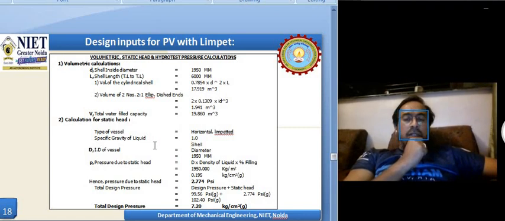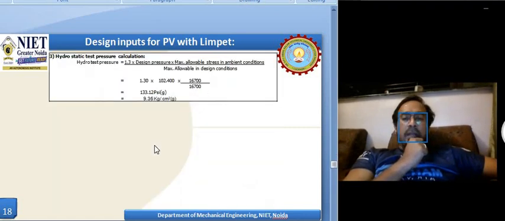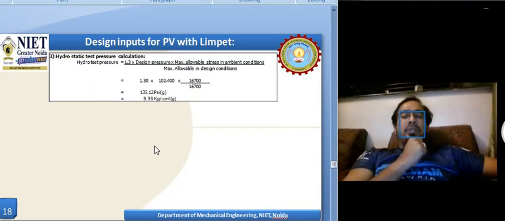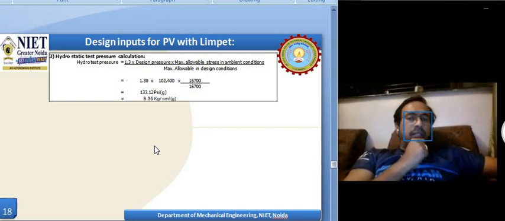Then the calculation for the head is done, and based on that the design pressure comes out to be 7.20 kg per cm square, right? Moving next to the hydro test calculation. Always remember that test pressure is more than the design pressure. It is almost 1.3 times the design pressure, and considering the allowable stresses for the ambient condition and design condition, it comes out to be 9.36 kg per cm square.